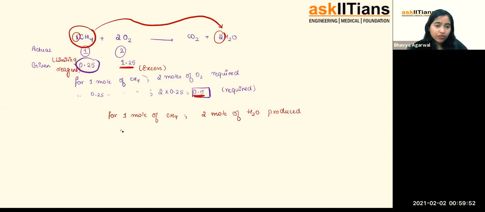So if I have 0.25 mole of methane, how much water will be produced? Just the twice value. So 2 into 0.25 moles will be produced, that is 0.5. Right? Makes sense?